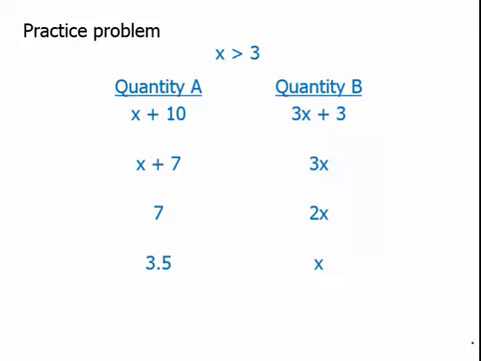But part of this is one of the QC's favorite tricks. Don't get stuck thinking about integers because there are all kinds of fractions and decimals. For example, 3.1 is bigger than 3, but it's less than 3.5. So we can pick numbers that are all greater than 3, but some of them could be greater than 3.5, some of them could be less than 3.5, so we have no way to determine. And so the answer is D.